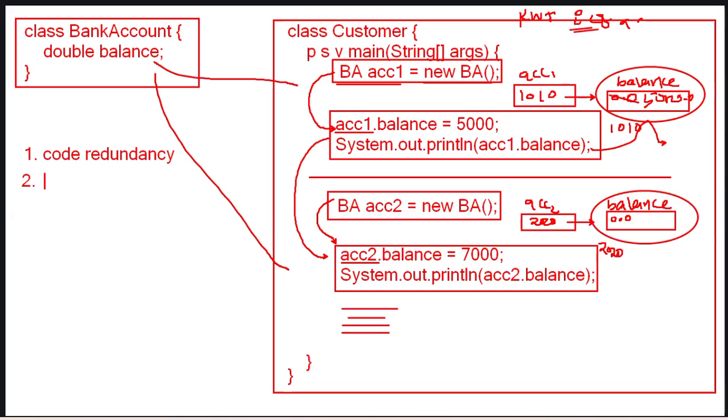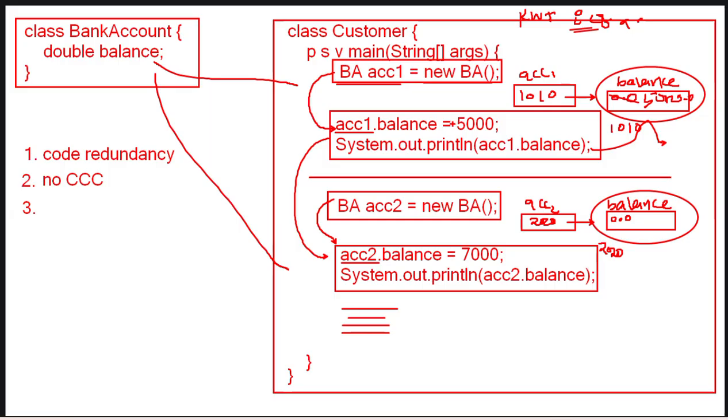That means there is no centralized code change. Centralized code change means you modify one place, and that modification should apply automatically to all the places. That facility is not there.